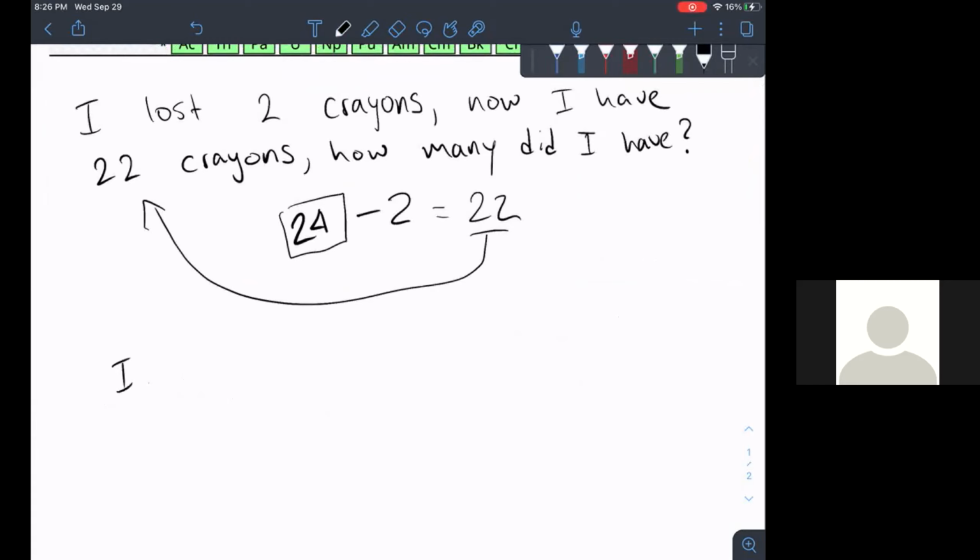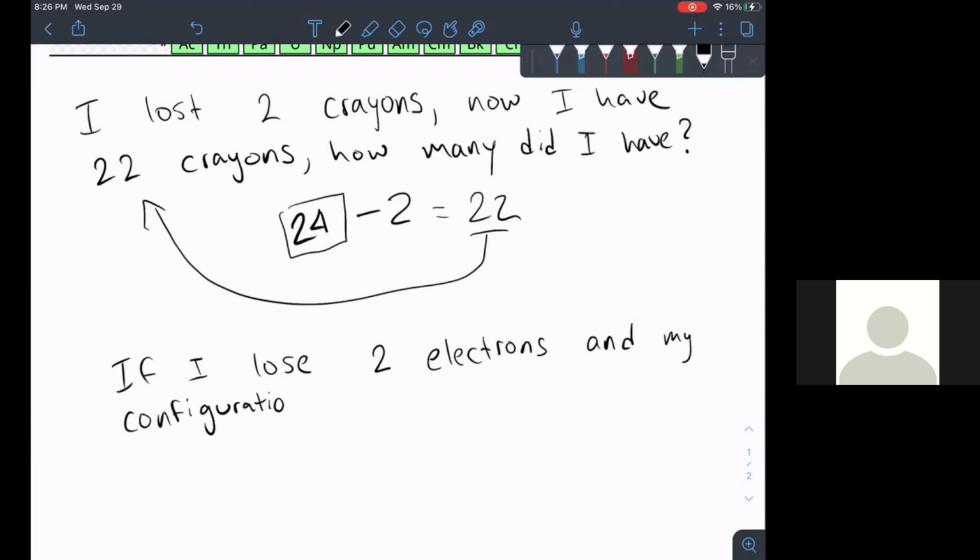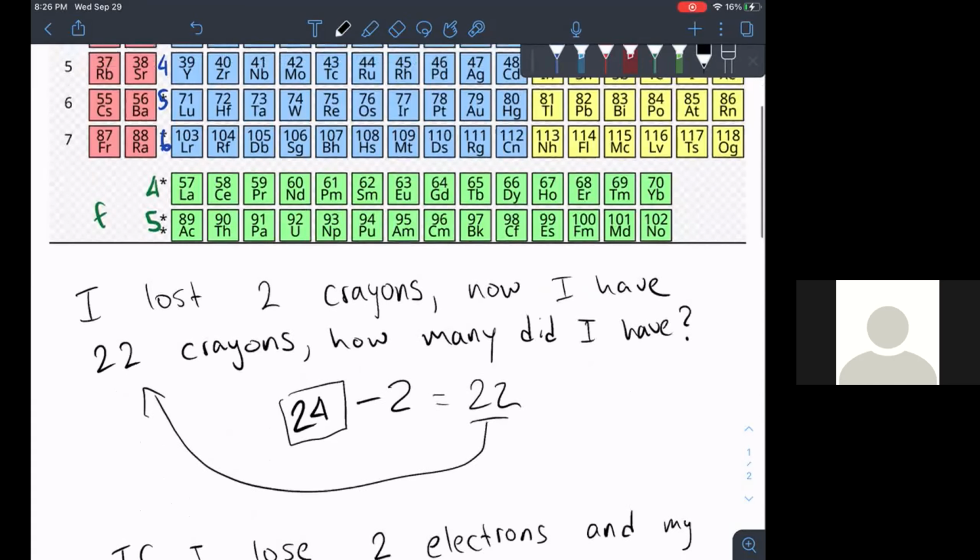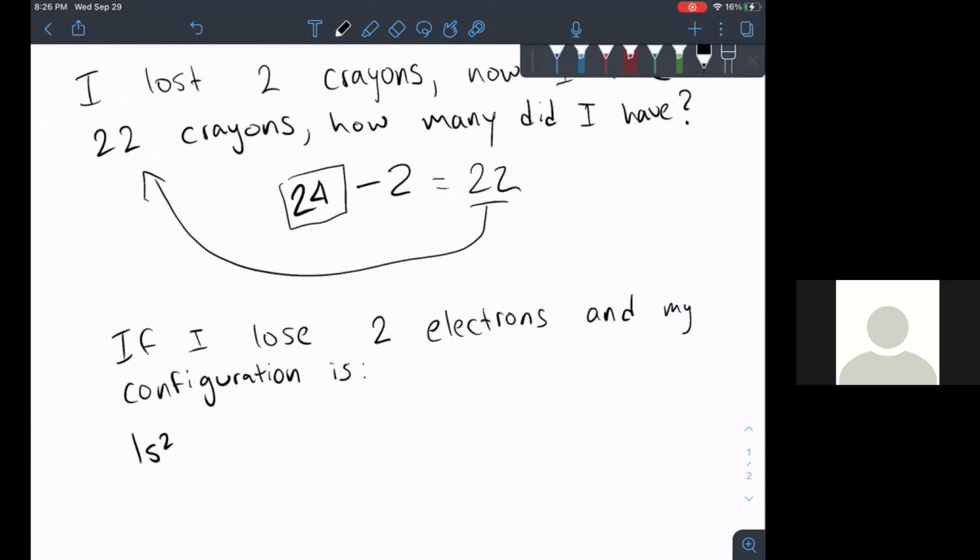If now I say, if I lose 2 electrons and my configuration is, let's go ahead and write out the configuration for 22 electrons: 1s2, 2s2, 2p6, 3s2, 3p6, 4s2, 3d2.